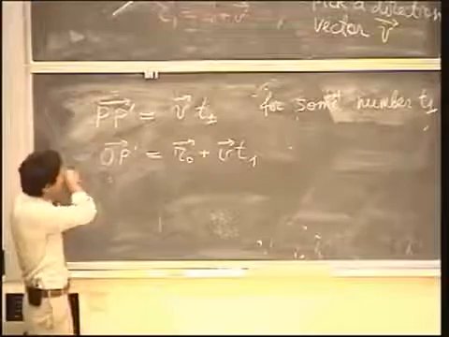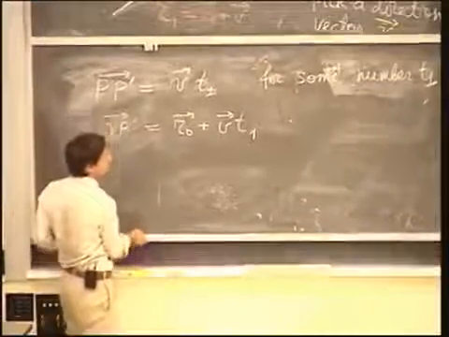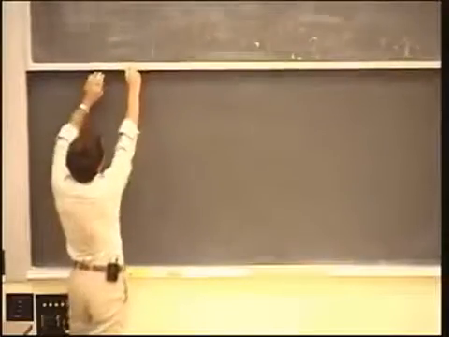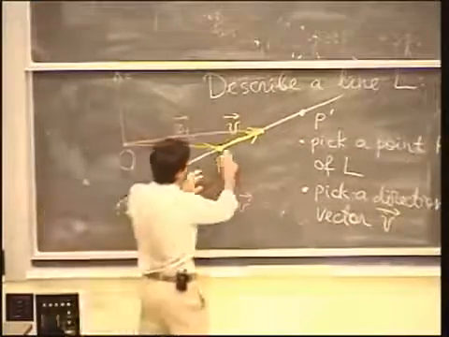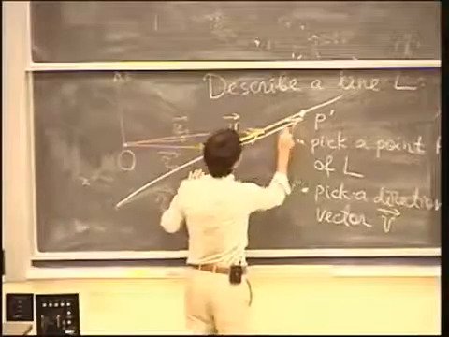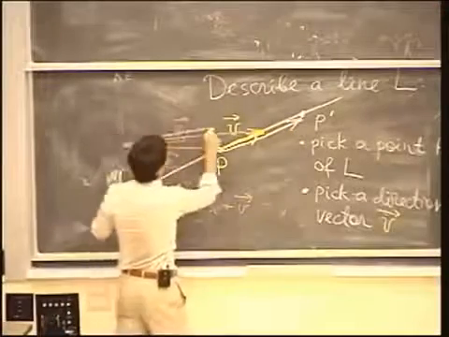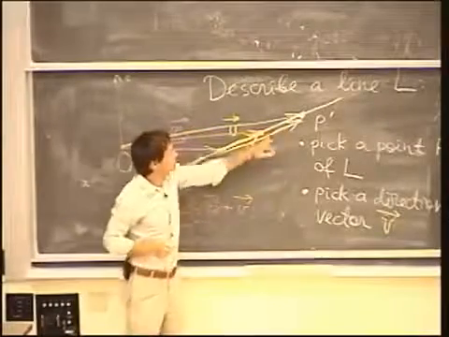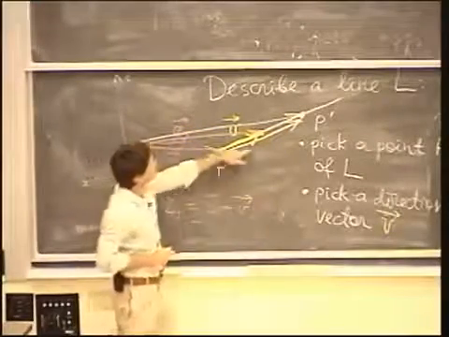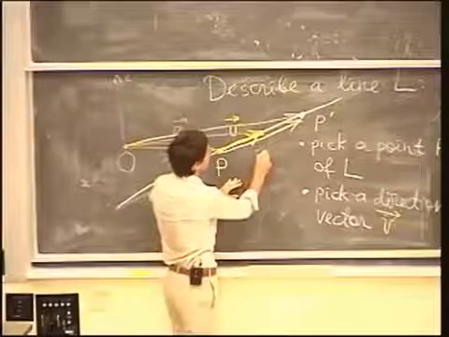To see it on the diagram, simply take this vector. You find the position vector for this point by taking the sum of the initial one and this one, which is v times t1.